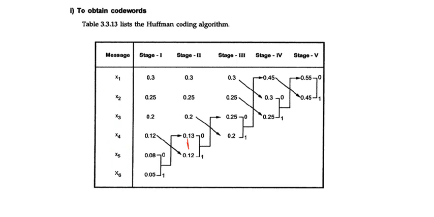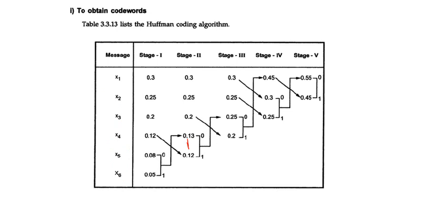Now we combine 0.25 and 0.2, so the sum probability will be 0.45. That is higher than all symbols, so that will be the first element of stage 4. 0.25 is assigned 0 and 0.2 is assigned 1. Now out of these three symbols in stage 4, these two are the least probable symbols. Now 0.3 and 0.25 we combine.